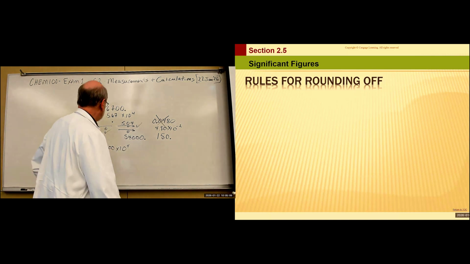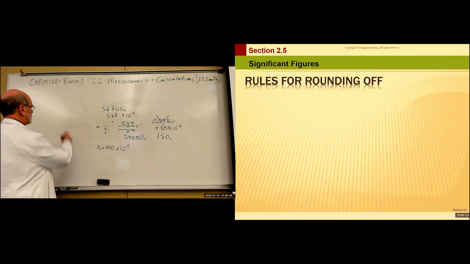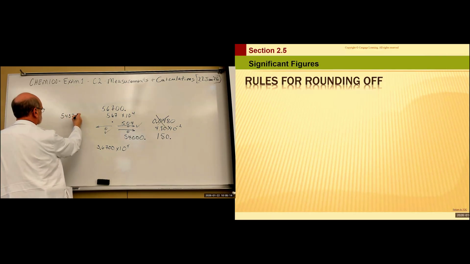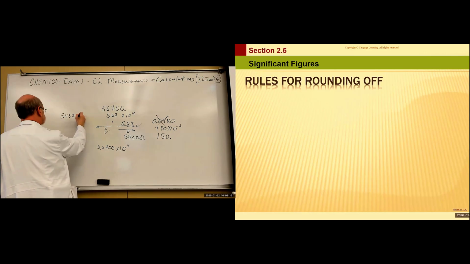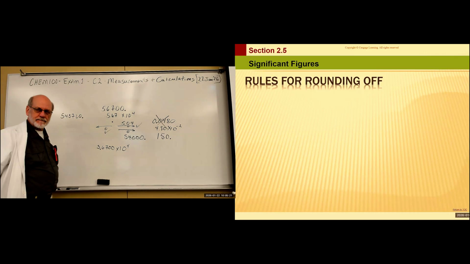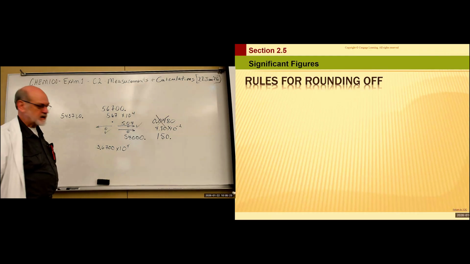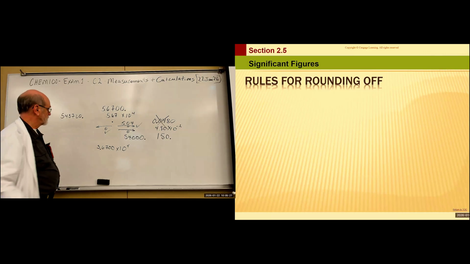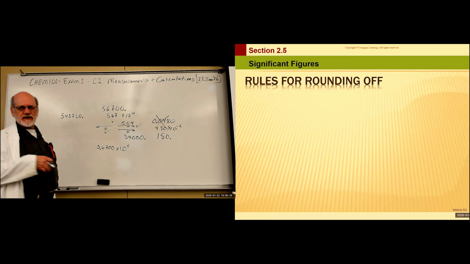If you have a number, let's take this number, let's modify that one. 54370, 0, like that. And say I need to round that number to the hundredths position. Excuse me. No, let's go further.